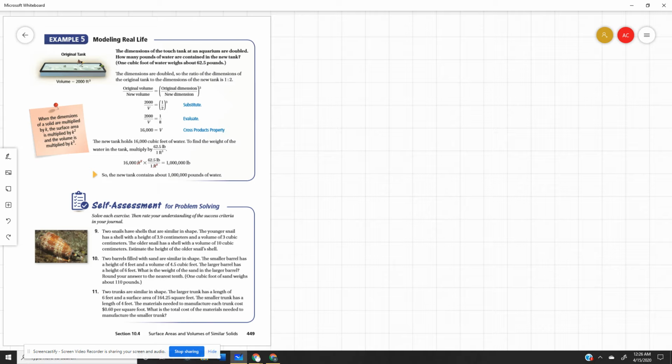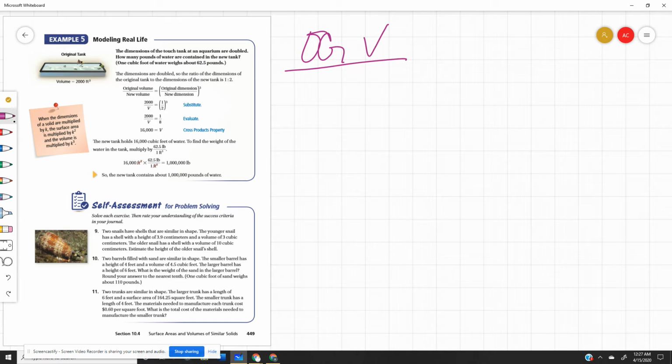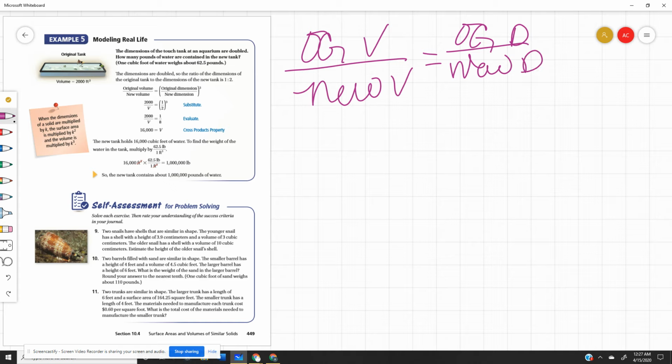So let's look. We've got the OG volume over the new volume. And we know that they're proportional. We've got the OG dimensions over the new dimensions. And we're dealing with volume, so we're going to cube it.